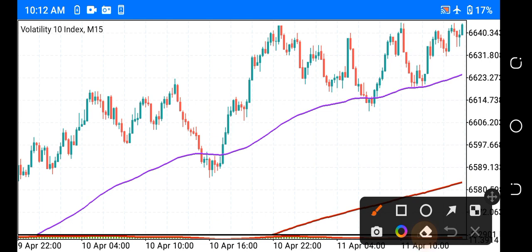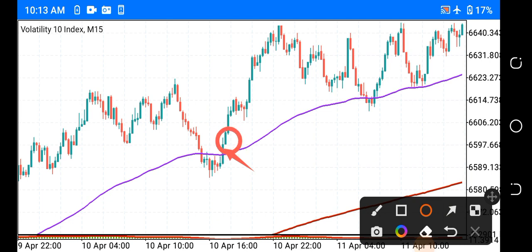The bearish candle closes below the 50 line, so you wait for a bullish candle that closes above the 50 line. Like in this case, the bullish candle closes above the 50 moving average. So once this occurs, you make your buy entry at this point.